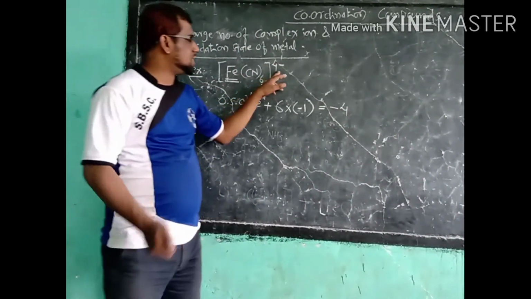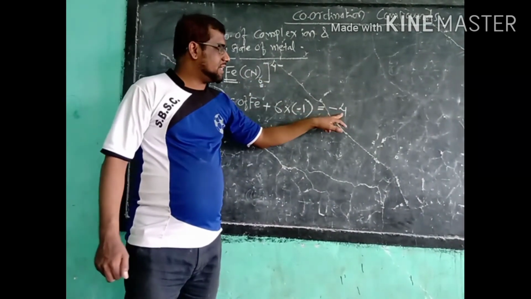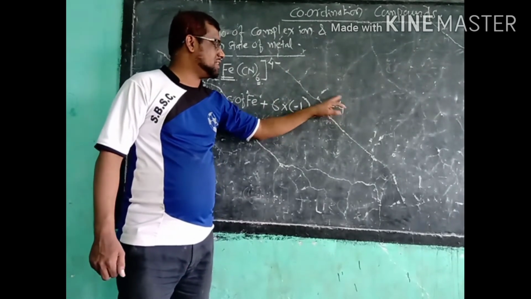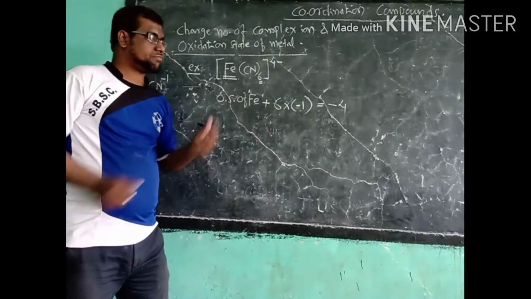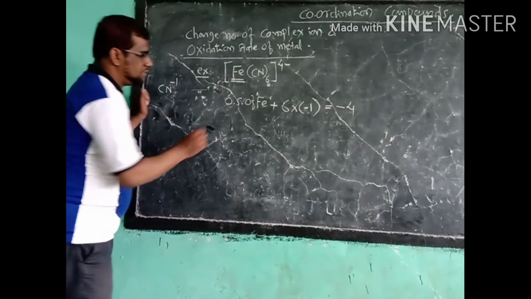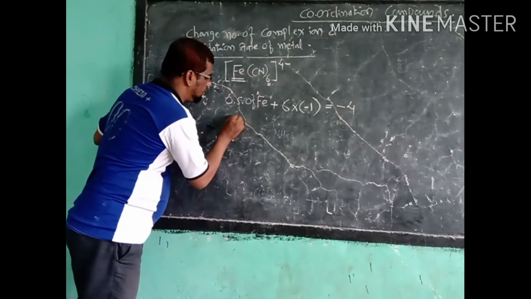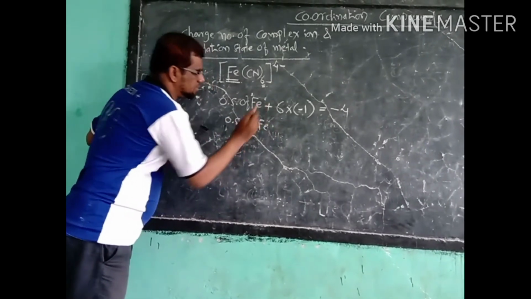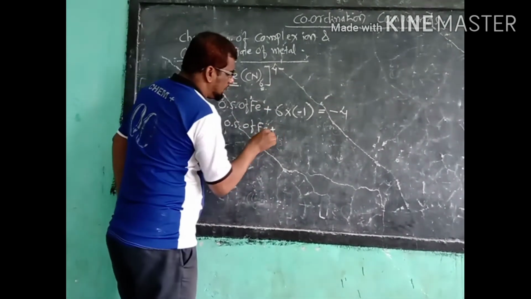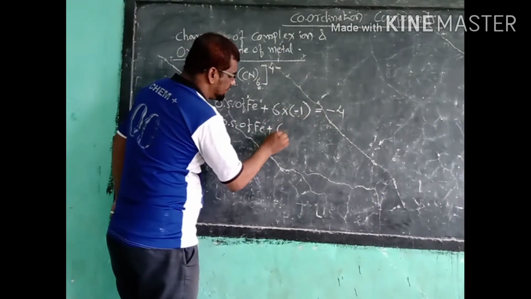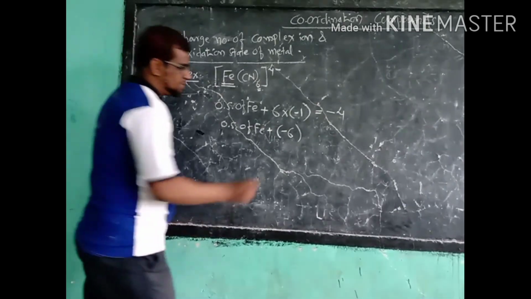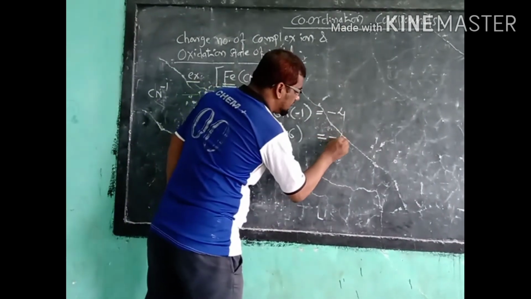If there is no charge here, then we write 0. But here -4 charge is present because it is the sum of these two. Now the oxidation state of Fe plus, multiplying 6 by -1, that is -6, is equal to -4.